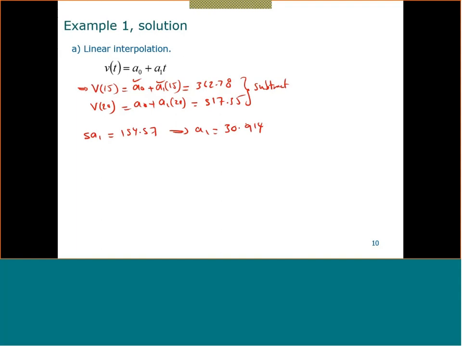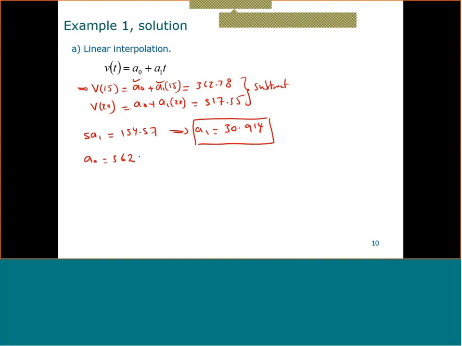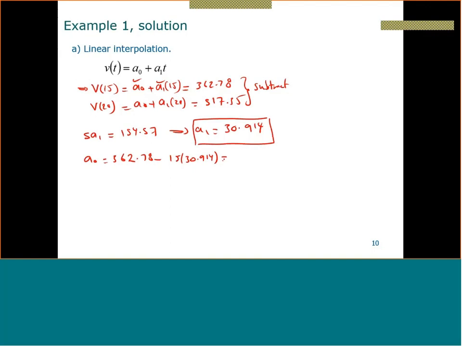Now a0, just substitute in any of these 2 equations. So your a0 becomes 362.78 minus 15 times a1, which is 30.914. And this gives me minus 100.93.